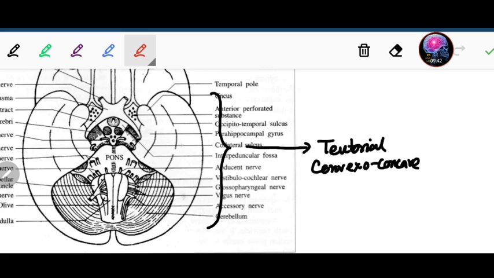So it is formed by the inferior surface of both the temporal lobe and the occipital lobe.